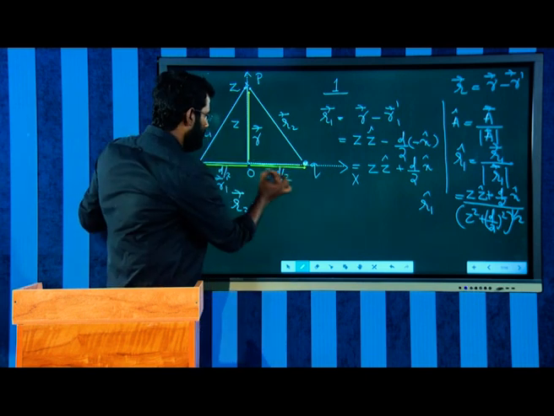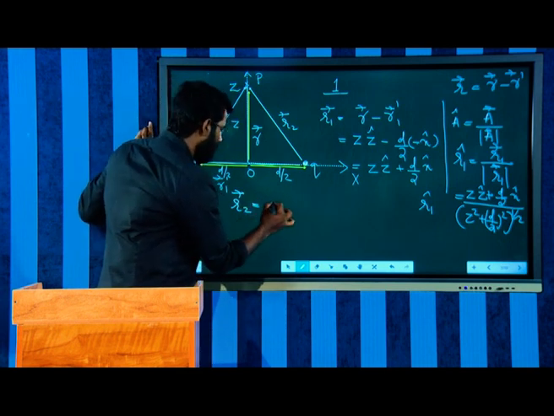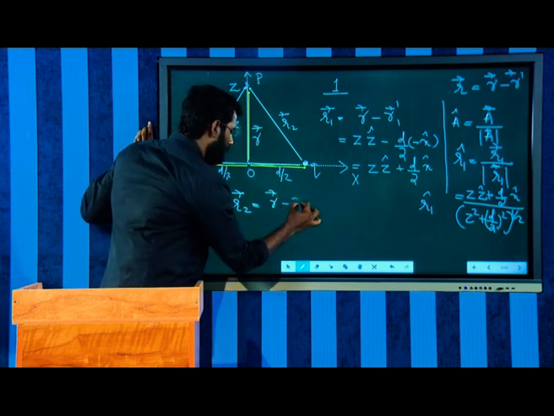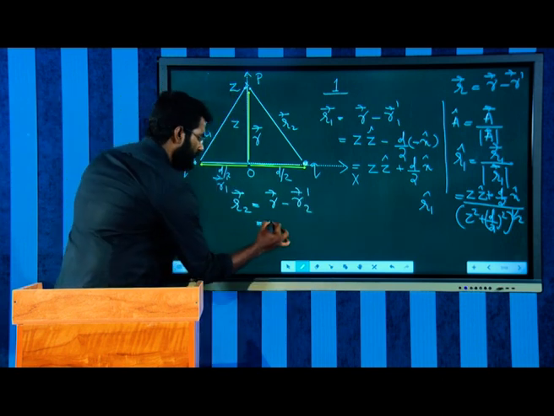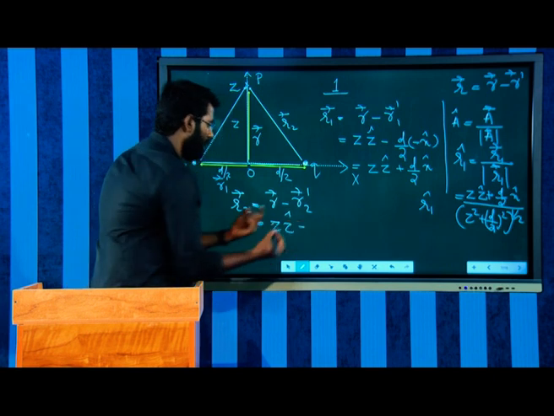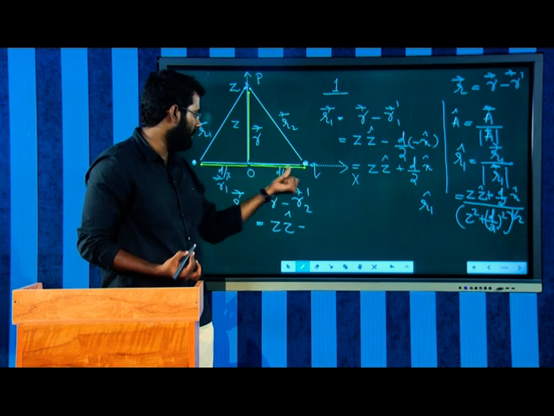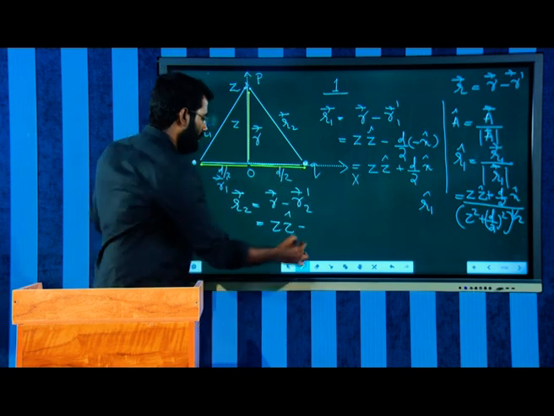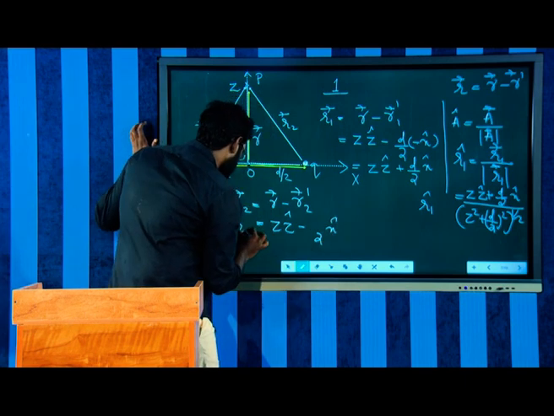That is, R2 is equal to R minus R2 dash. Now what is R? R we have already seen, z cap. R2 dash is this vector, that is d by 2 along the plus x axis, that is d by 2 x cap. Now we got R2 here.